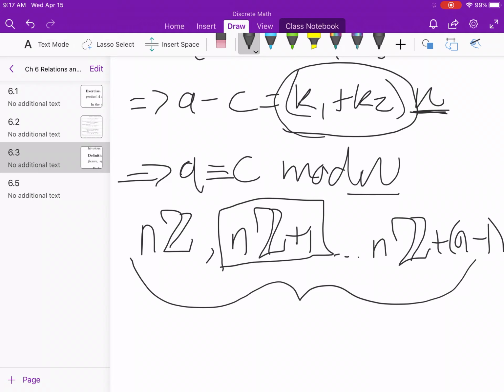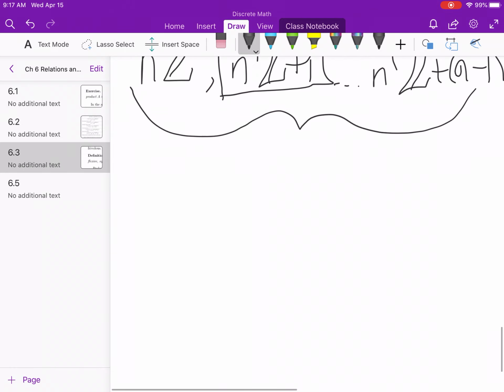Now, another nice thing that the equivalence classes, in this case for mod, do is they partition the integers. I think that there's a definition in the book about partitioning.